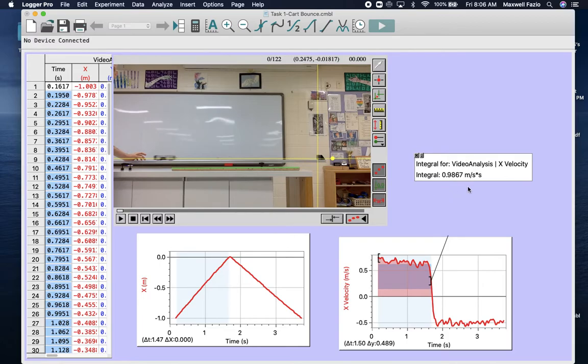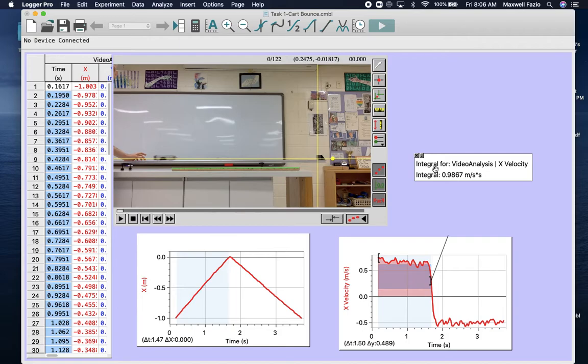That's almost exactly 1 meter. Notice the units: it's meters per second times seconds, so it's just meters, because the computer is multiplying the area. This side is in seconds, and this is meters per second, and when you multiply those, you just get meters. So that's about 1 meter exactly.